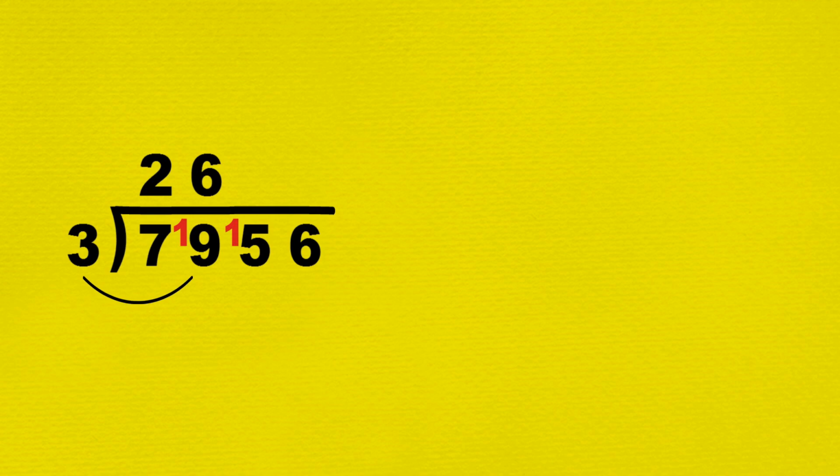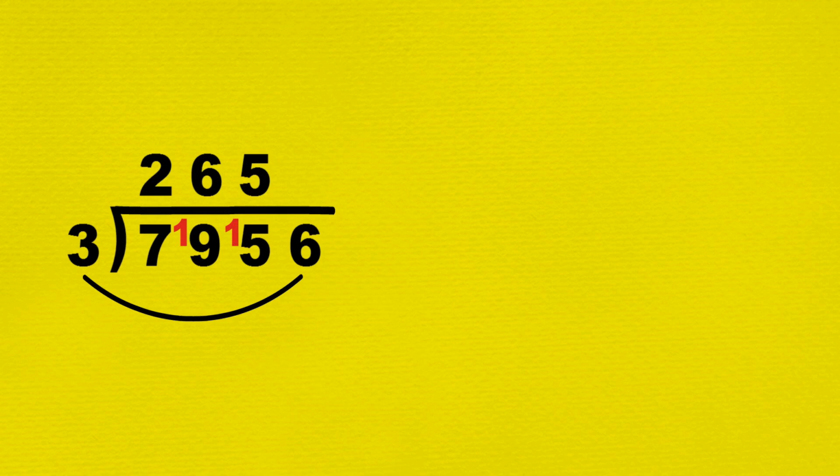So then next we divide 3 into 15, not just 5. 3 into 15 goes exactly 5 times, so the 5 goes above the line, above the 15.